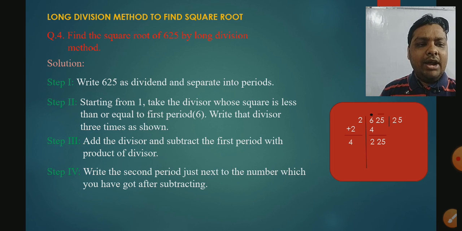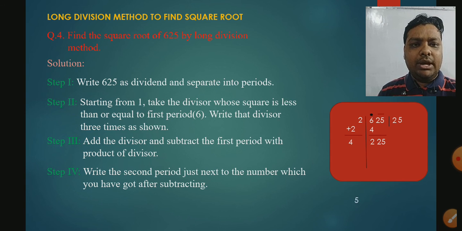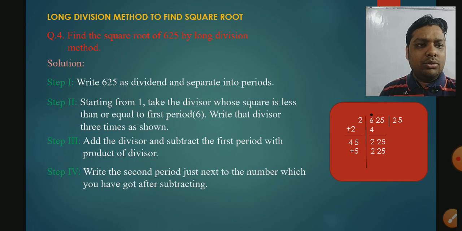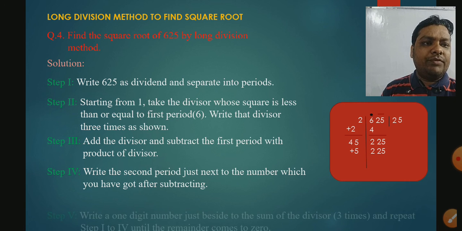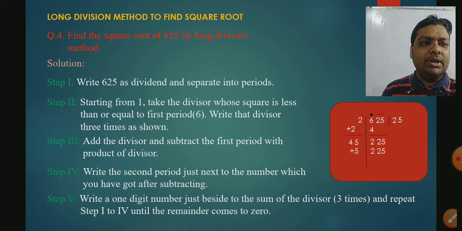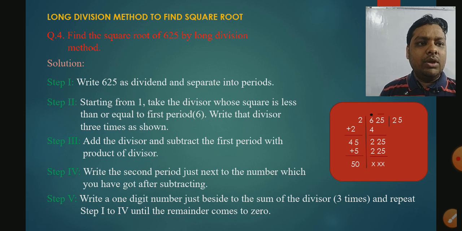So we will take 5 and write the 5 three times: 5 here, 5 here, and 5 in the quotient. Now we multiply 45 into 5, repeating the same process. 45 into 5 is 225, then 45 plus 5 is equal to 50 here, and 225 minus 225 is 0.